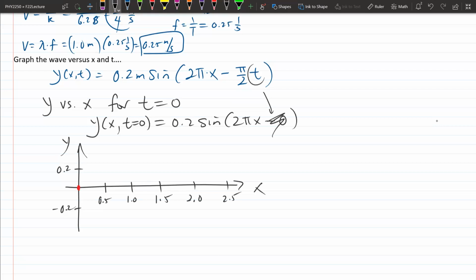Because I know 0.5 times 2 pi is going to be 1 pi, which I know sine is 0 there. 1 times that is also going to be 0. And 1.5 times 2 pi is 3 pi. That's also 0. So I know where the wave is going to hit 0 all this time. So that way I can actually draw a wave, and I just want to make sure it hits 0 at all those points.